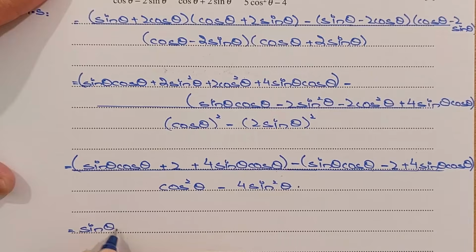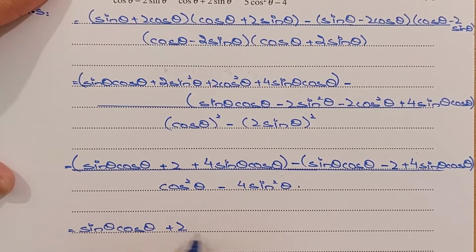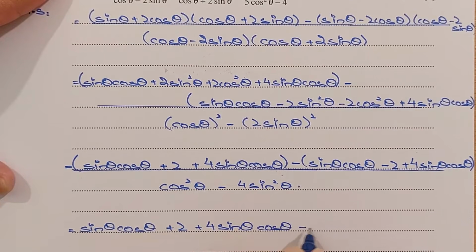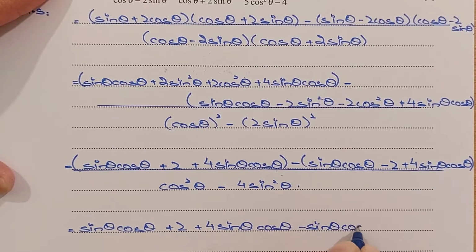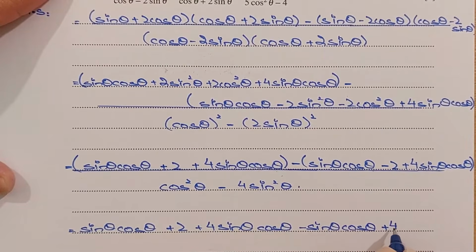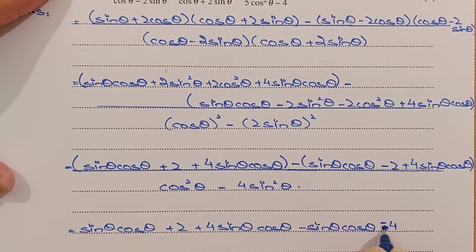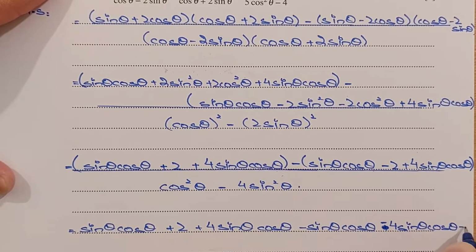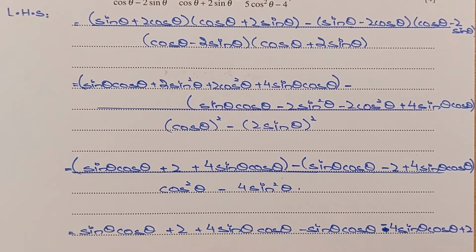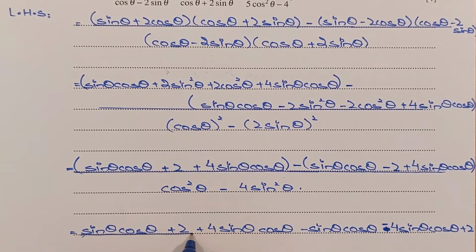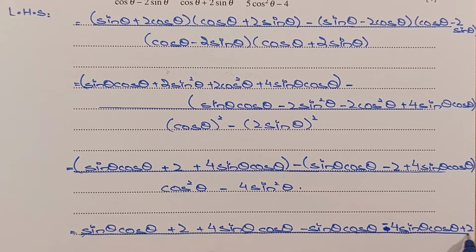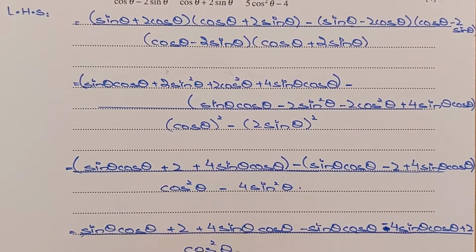So sin theta cos theta plus 2 plus 4 sin theta cos theta minus sin theta cos theta plus 4 minus 4, let me do this term, sin theta cos theta and plus 2, this is positive 2, and this whole thing divides by cos square theta minus 4 sin square theta.